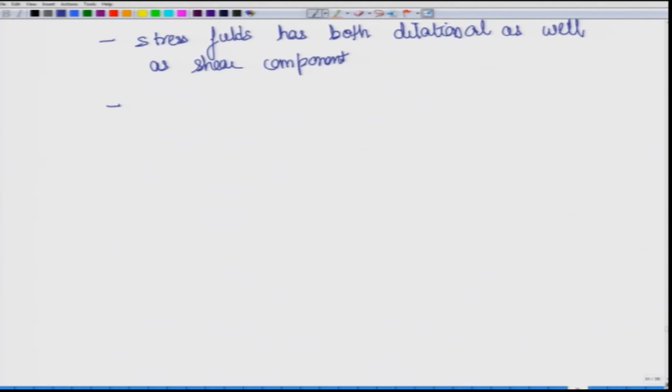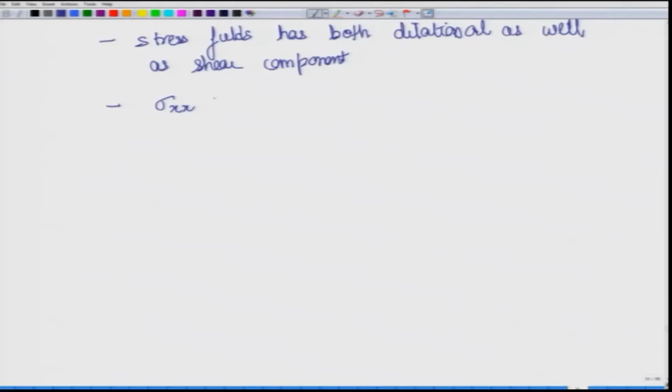Another important thing is that although we have drawn the field, we have not looked at the exact magnitude. But when you go to the exact magnitude and look at the relations, you would realize that sigma xx is the largest of all the stresses.